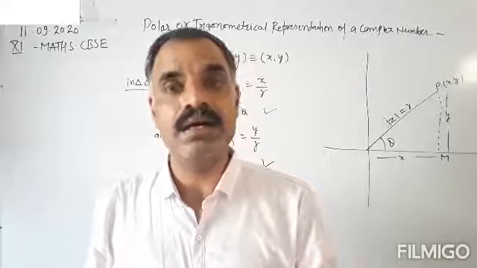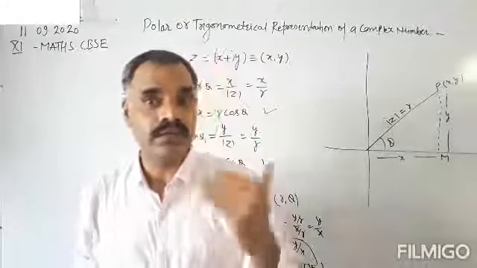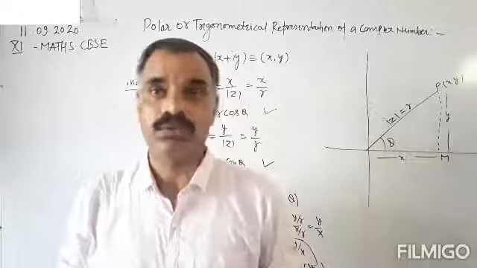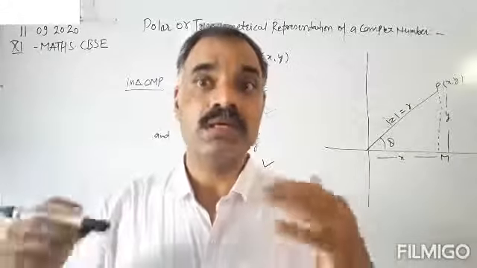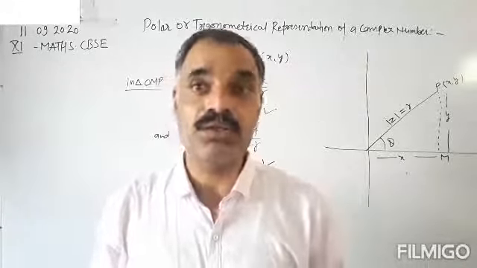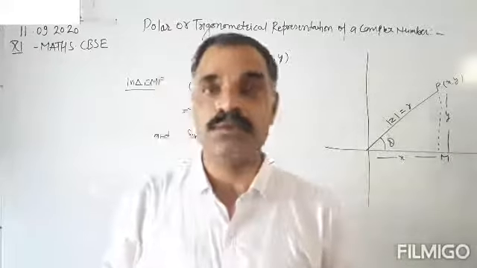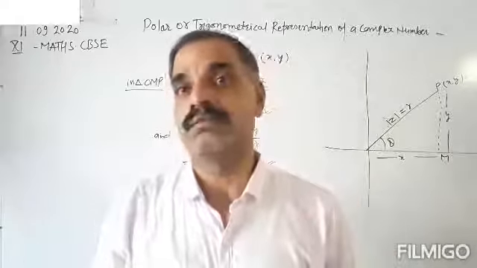Then we will decide the amplitude of the complex number in that quadrant. This is the algorithm to find the polar representation, also called the trigonometrical representation of the complex number.